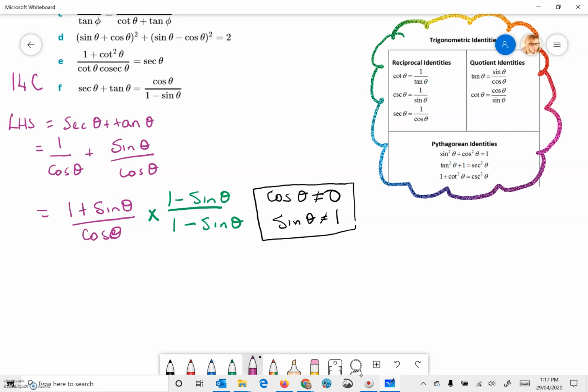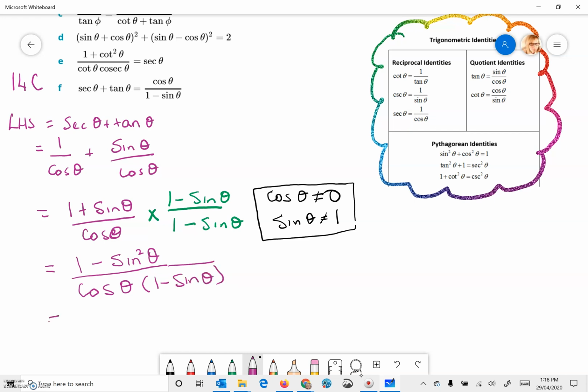Okay, what happens when we go and expand this? Well, of course we end up with 1 minus sine squared theta on the top, cos theta there, times our 1 minus sine theta.